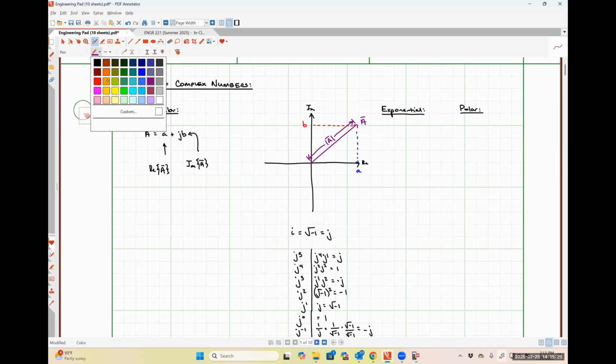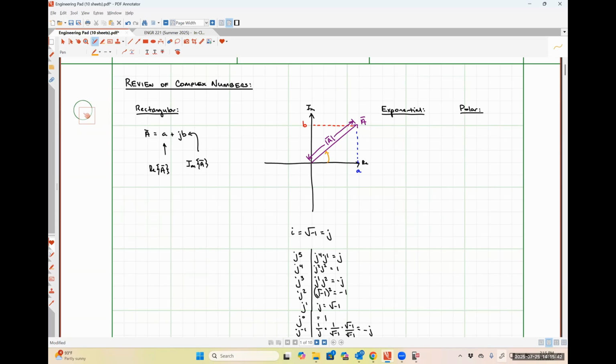Our complex number A also forms some angle with the real axis, where the real axis counts as 0 degrees or 0 radians if we were so inclined.